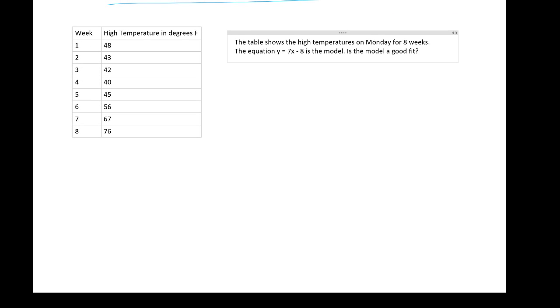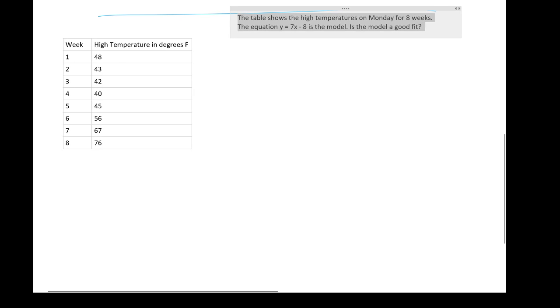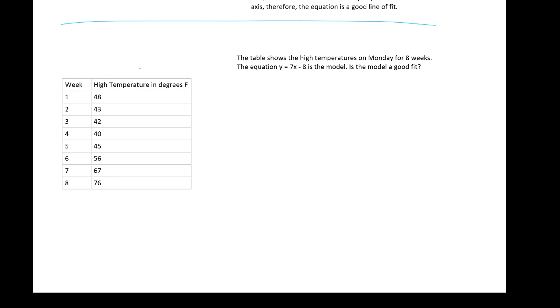So let's take a look here. And I'm going to move this guy up a little bit so that I can calculate my residual a little bit better here, okay? All right, so here's my x and here's my y, so y being dependent on x.